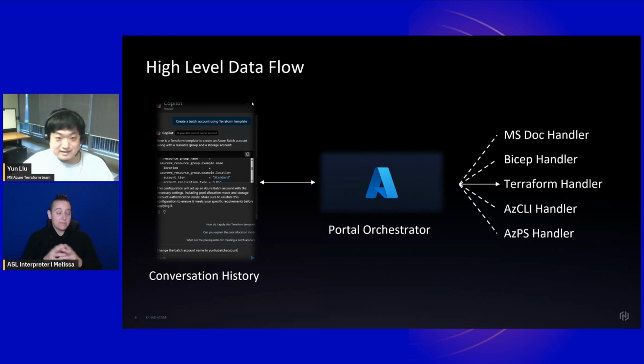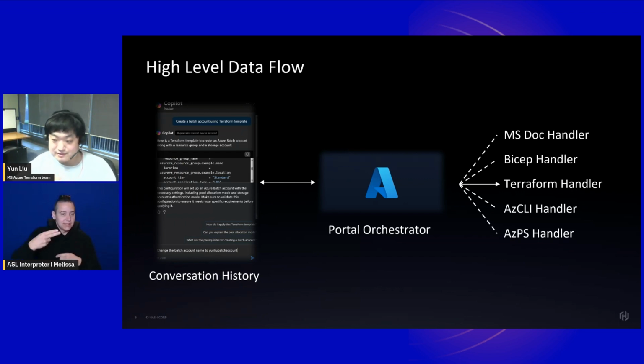In this slide, I talk about the high-level data flow. How does this happen behind the scenes? First of all, when a user types in a question like I just did, it will format a conversation history, so it can have multiple conversations. When you talk about other things, it will also have a conversation history.